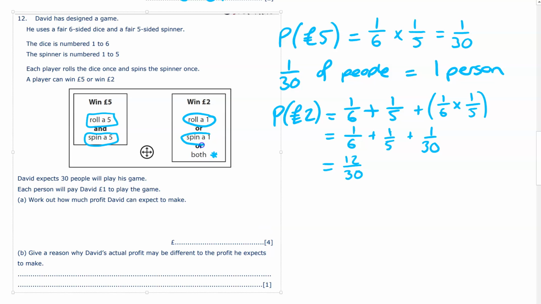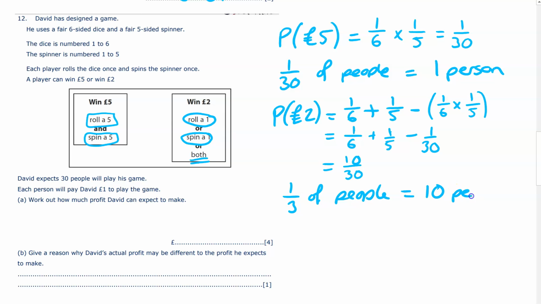If I include the spin ones, I'm going to include a both in there as well. So actually I needed to take this away because I've double counted this both. So I need to take away one of the counts. So that's going to end up being 10. Yep, 10 out of 30, so 10 people are going to win. So that's a third of the people, which is 10 people.